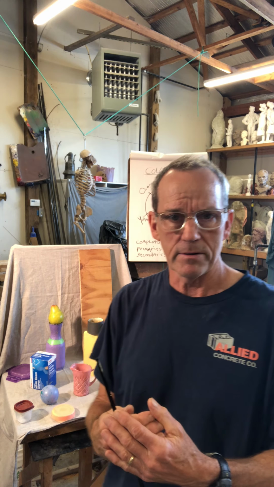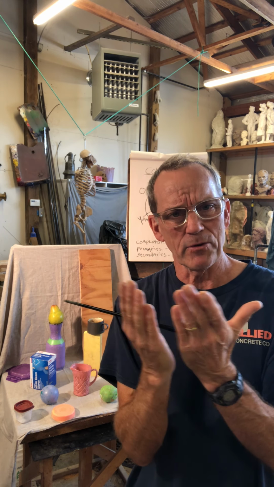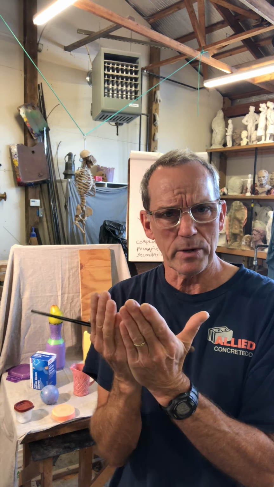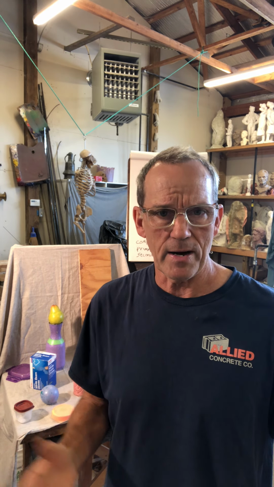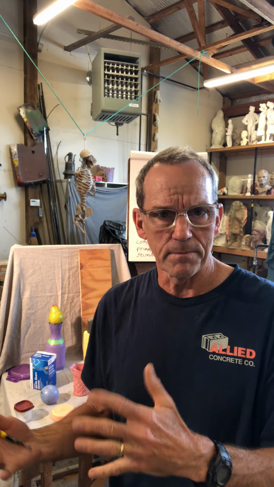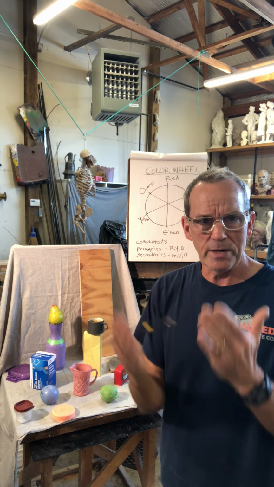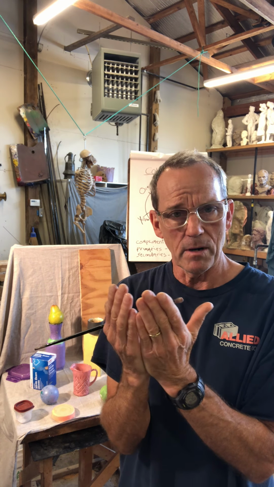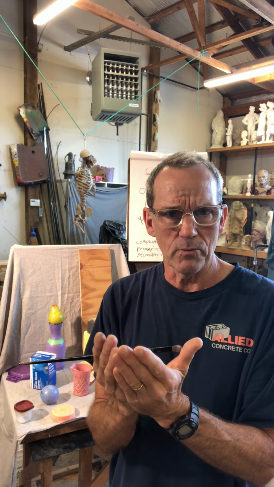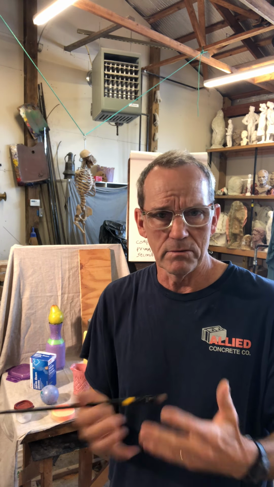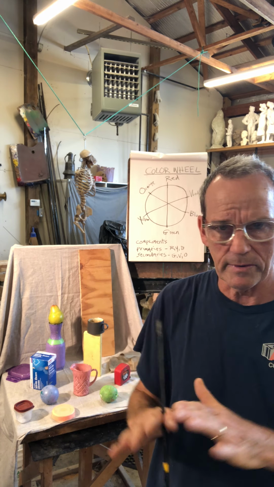When you don't mix complements but put them next to one another, they tend to highlight or intensify the property of the other color. So if I put a green next to a red, the green makes the red look even redder. If I mix the green into the red, then I get kind of a dirty brownish color, so it cancels the color out.